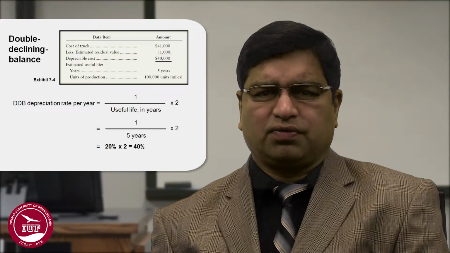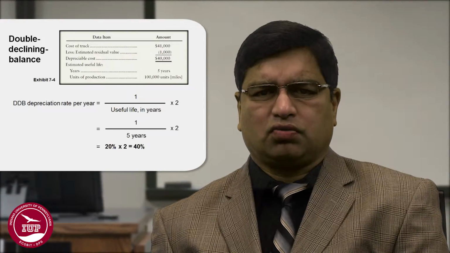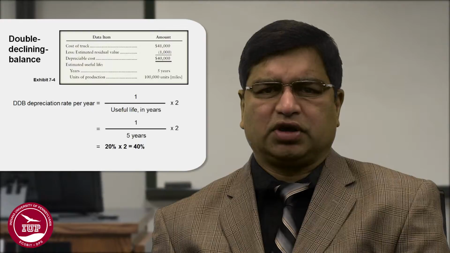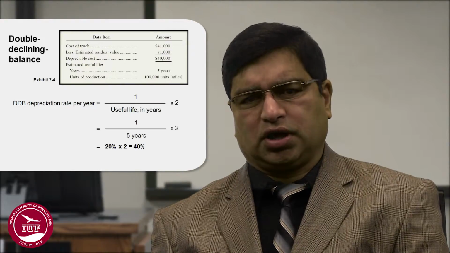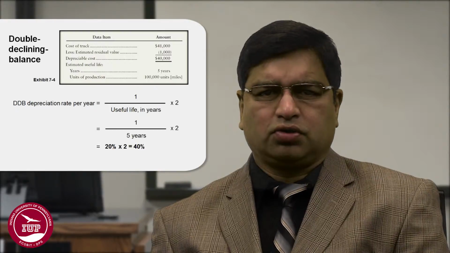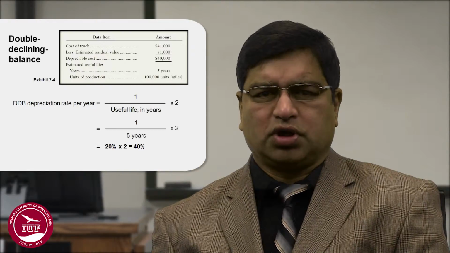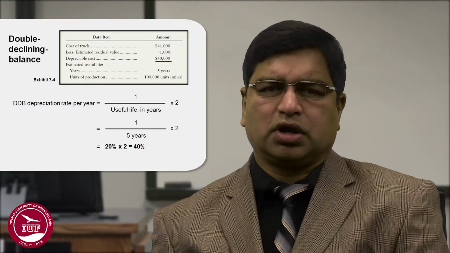And how do you compute it? Very simple. You've got 1 divided by the useful life in years, which was 5, gives you 20%, and you double it. That is, multiply it by 2. So 20% times 2 gives you 40%.